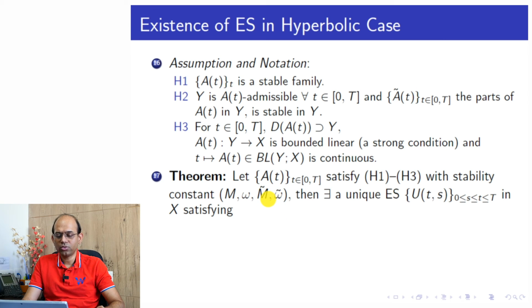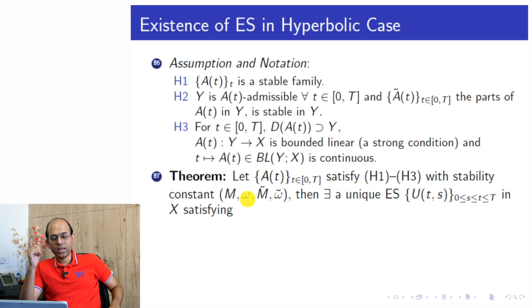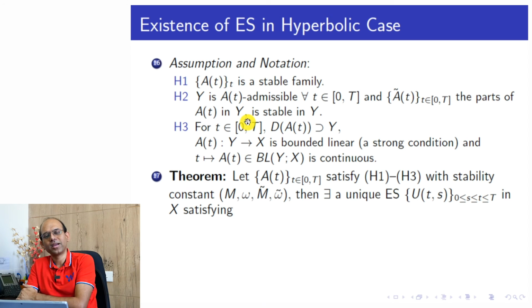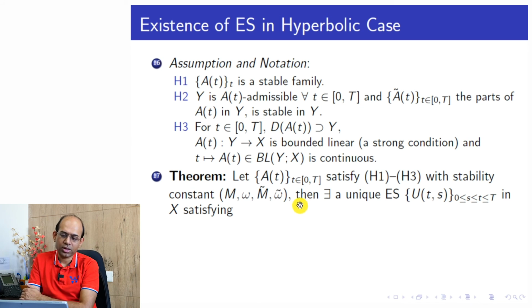Why do we write down four instead of two? Because these capital M and omega are stability constants coming from the operator A, and M tilde, omega tilde are coming from its part in Y, that is, from A tilde.